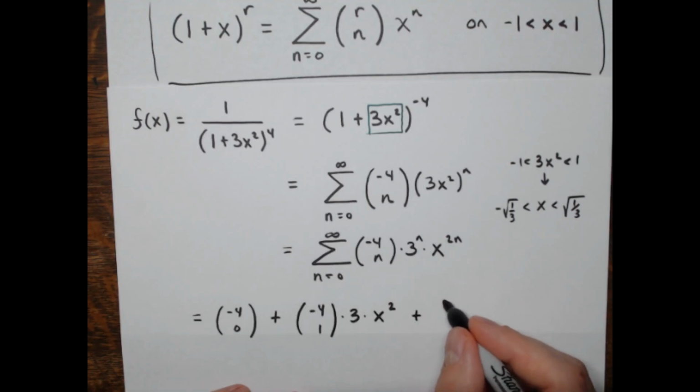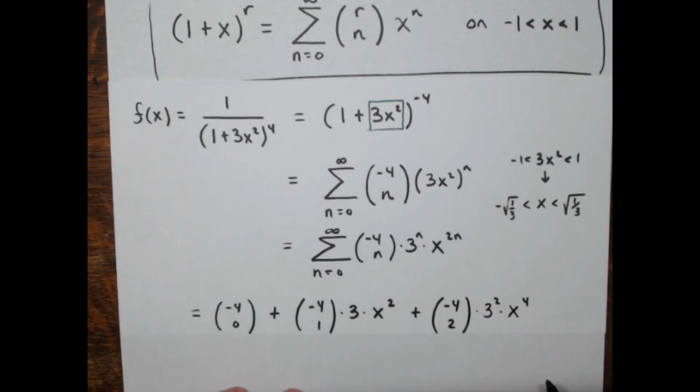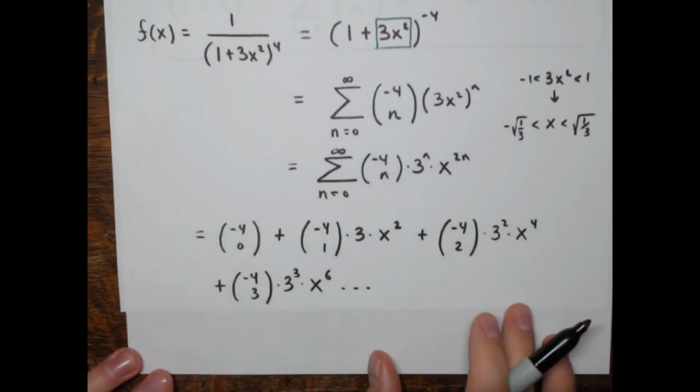And then plus negative 4 choose 2 times 3 squared times x to the fourth. And then finally plus negative 4 choose 3 times 3 cubed times x to the sixth, and then dot, dot, dot, right?